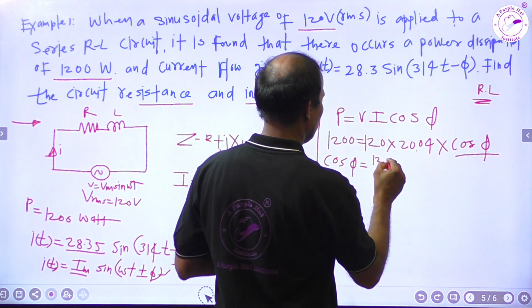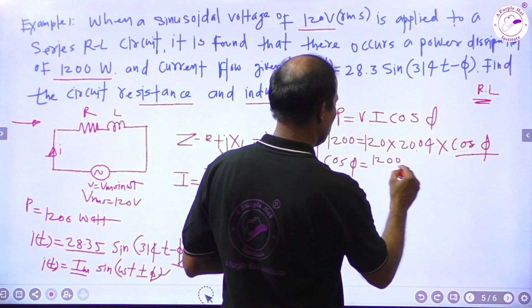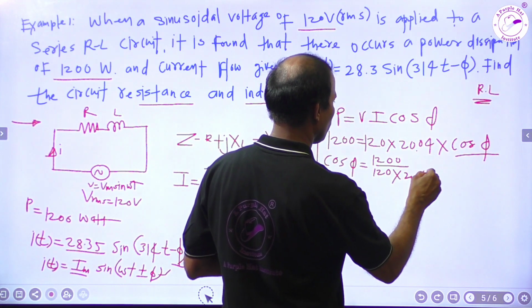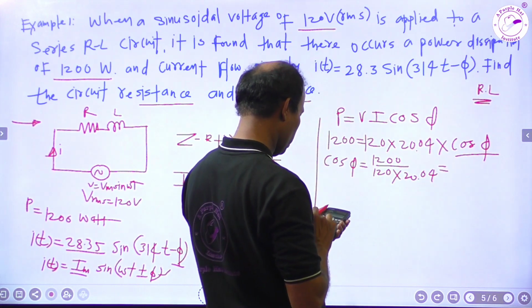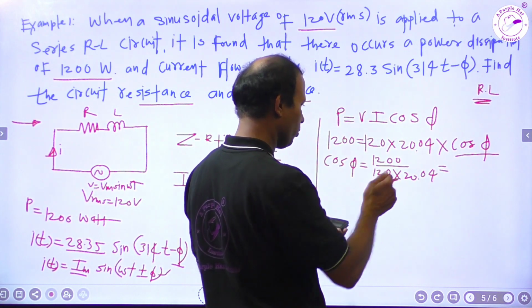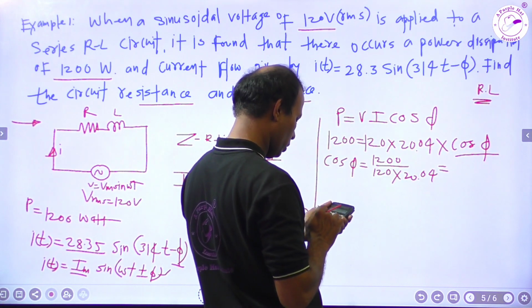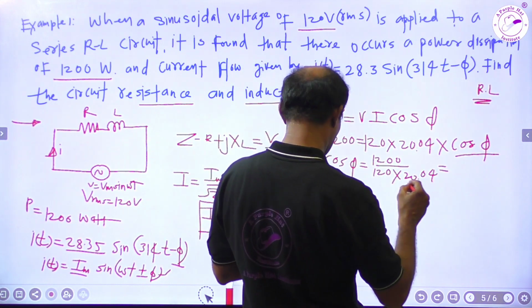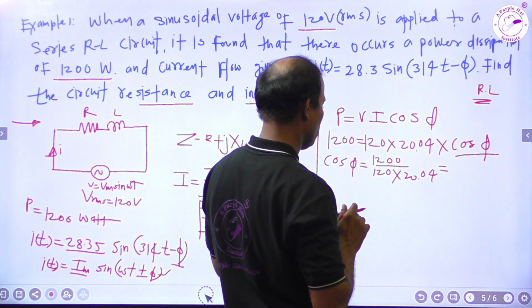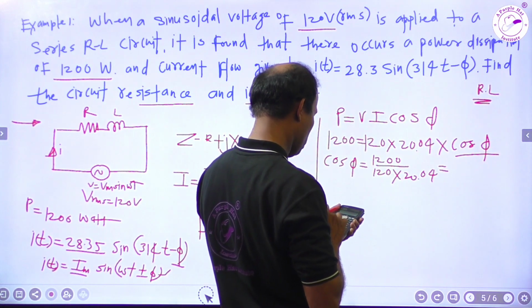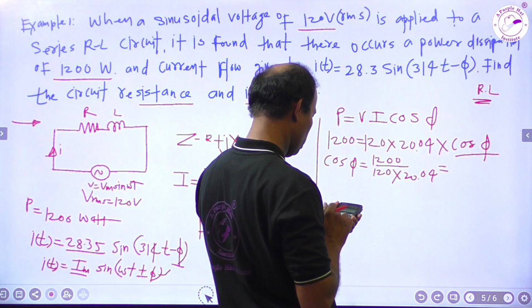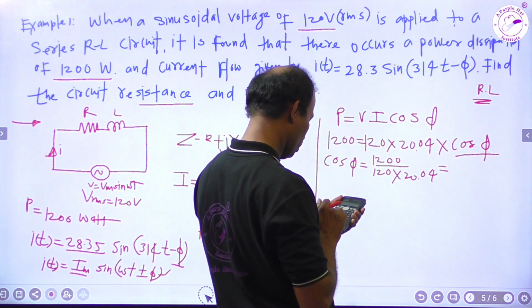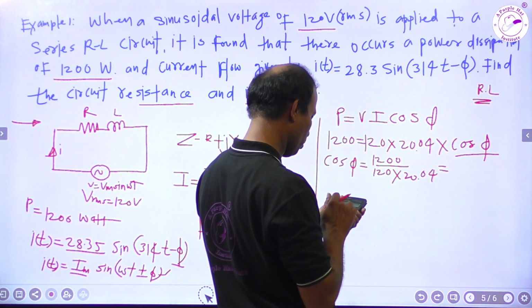So cos phi is equal to 1200 divided by 120 into 20.04. We will find it. 1200 divided by, in bracket, 120 into 20.04.